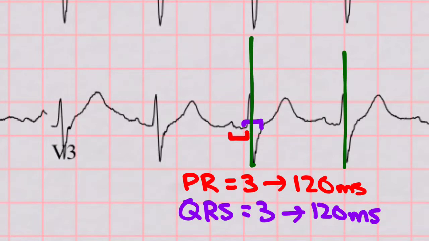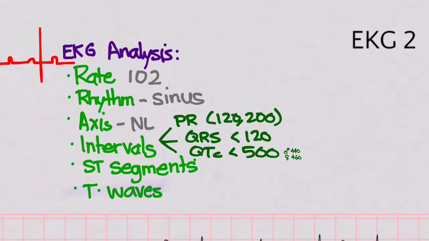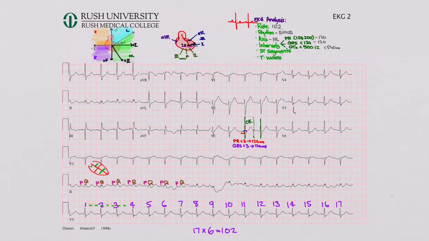I'll draw a dotted line here in the middle. And I think that our T wave is here. It's on the correct side, so I would say that is also okay. So let's get back up here, and let's say this one we said was 120, that's good. This we said was also 120, that's good. And we said this one was less than 500 milliseconds. So we're golden.